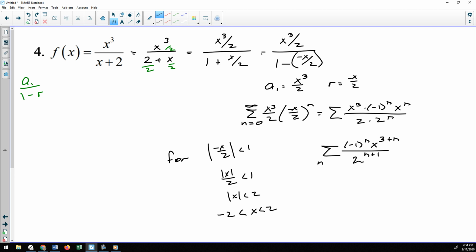And this is still starting at 0, going to infinity, and all of those are good power series representations of this function, again only for the specified interval of convergence. And that is your first way of turning a function into a power series, and we will learn a couple of other methods later on.